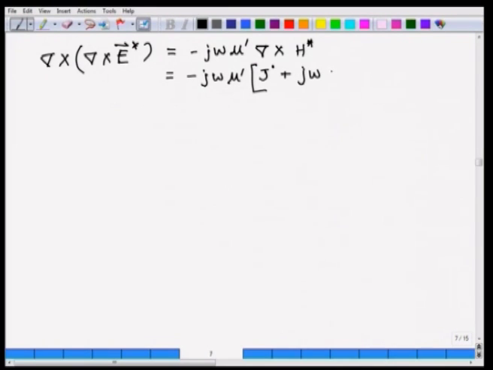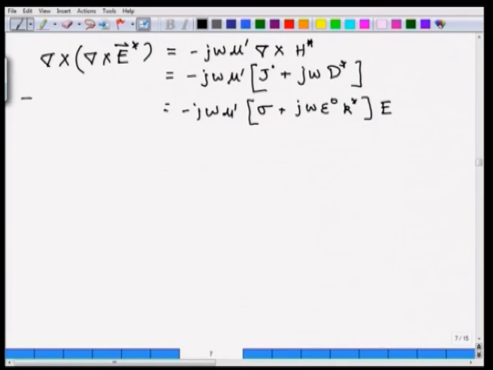D star. Let us write two more steps and then do it. This is this quantity. Now we will further expand this. This is equal to minus j omega mu prime times sigma, the conductivity, times E, plus j omega epsilon naught K star times E. We write this as follows. Let us look at the left side also.